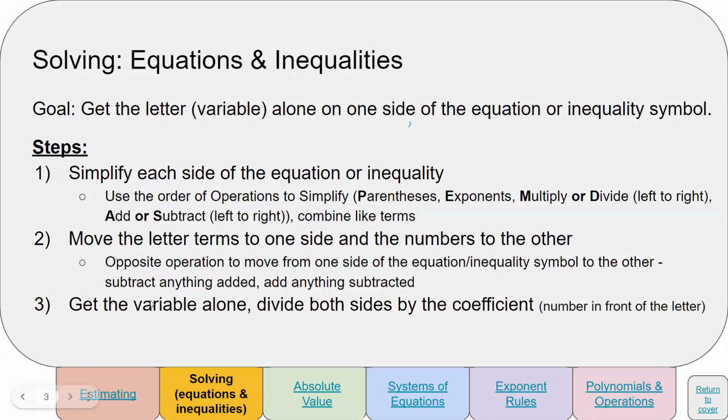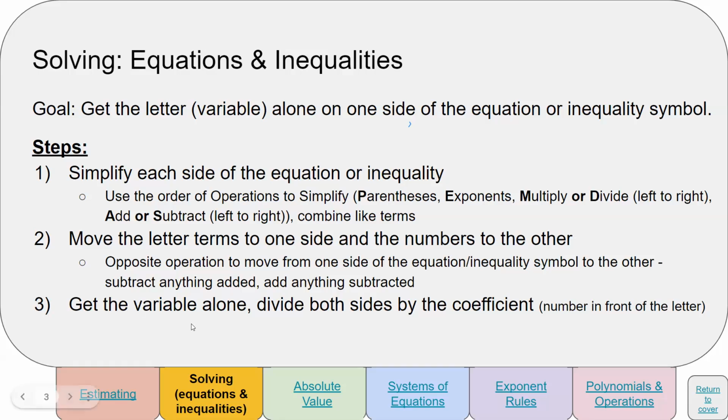And then you're going to get the variable completely by itself. So if it has a coefficient, which is a number in front of it, you're going to divide both sides by that coefficient. It might be a fraction, so you might be dividing by a fraction, or you can multiply, that kind of stuff. So you have to remember your rules for dealing with numbers.